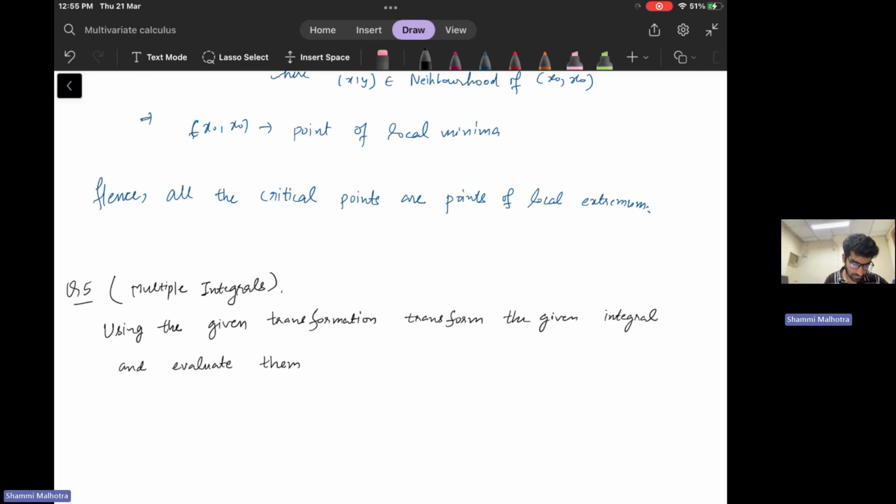Okay, so let me write the integral. So let me write the transformation and the integral which we would like to evaluate.